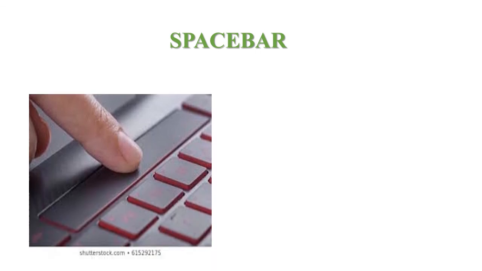Okay dears, the next type of key is the space bar. The longest key on the keyboard is called the space bar. When you see the keyboard, there is only one longest key. That key is called the space bar.